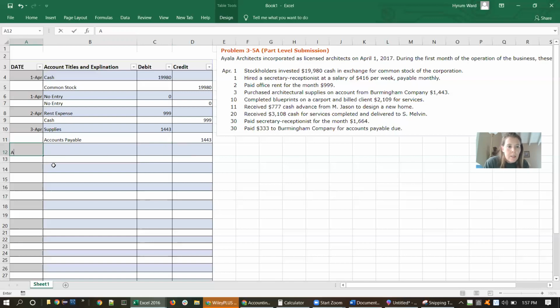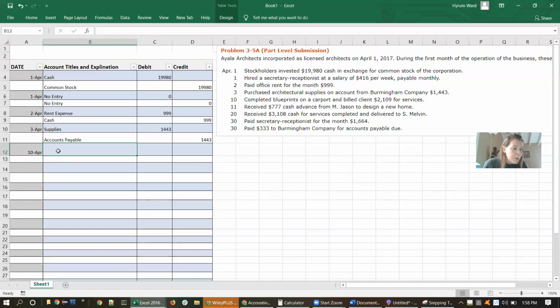And on April 10th, it says we completed blueprints on a carport and billed our clients $2,109 for services.